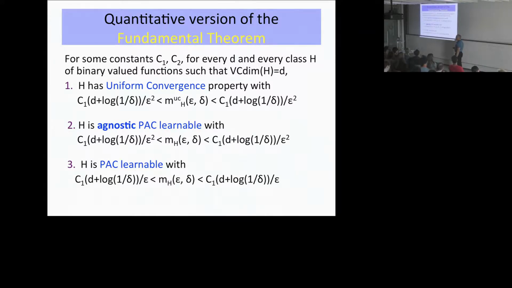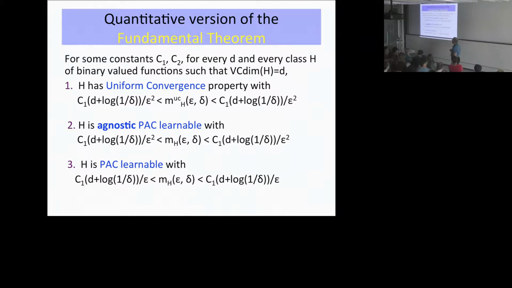The other thing to notice is that if you're doing agnostic learning, we have to divide by epsilon squared. If we are doing realizable learning, we only divide by epsilon, which makes the realizable case much easier. So if epsilon, the precision that I'm shooting for, is 1%, then dividing by epsilon squared means that I need 10,000 times the VC dimension in order to get such precision. 1 over epsilon squared, where epsilon is 1%, is 10,000.